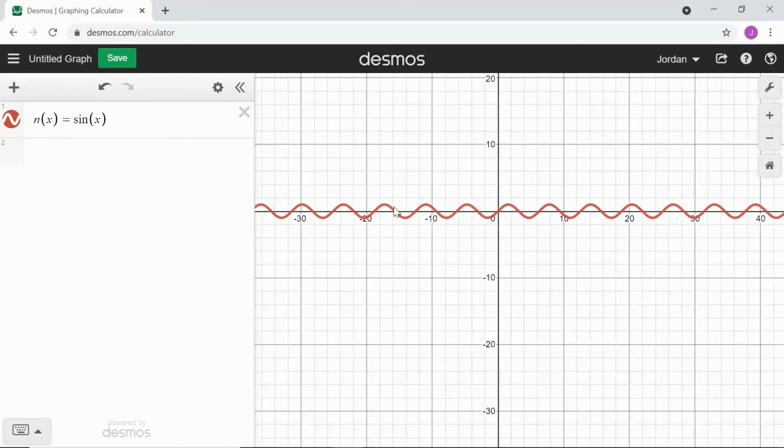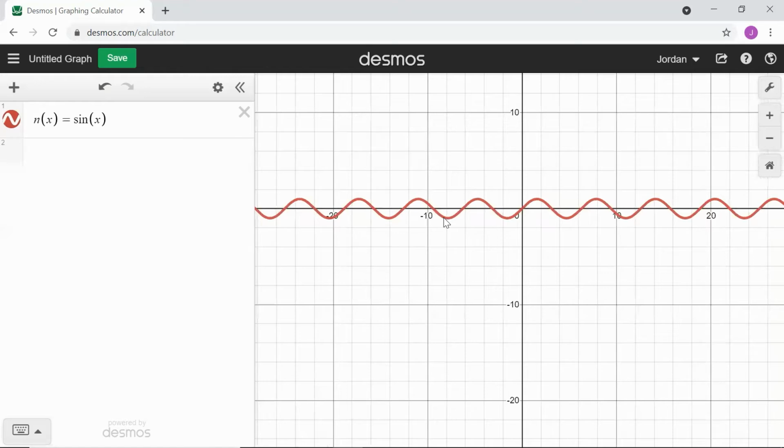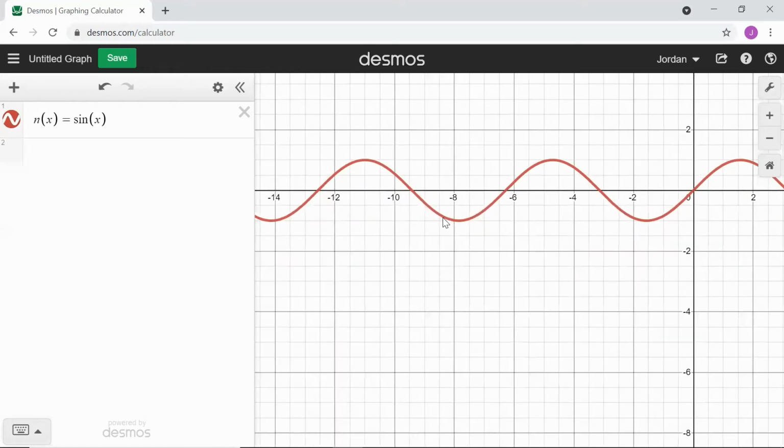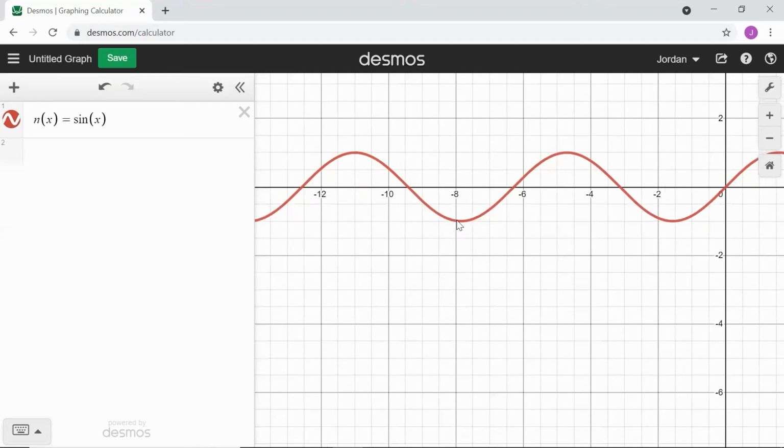There's no place where the limit does not exist, and there's no place where the function value is not the same as the limit. So this is also a function which is continuous everywhere.